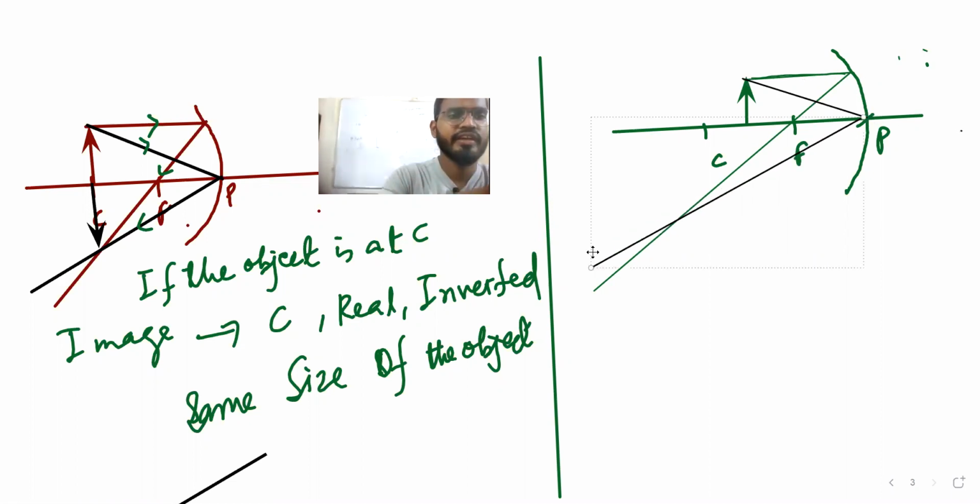We can say if the object is between C and F, then the image will form beyond C. Which will be again real, inverted, and enlarged.